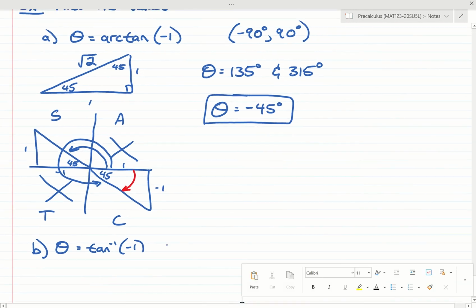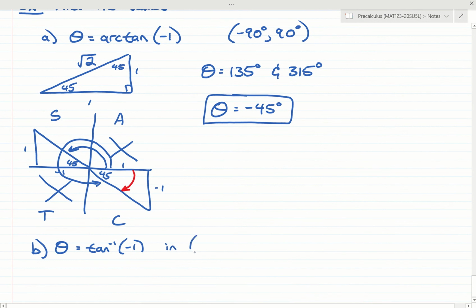Typically when we're in inverse, we are talking about theta between 0 degrees and 360. This will be stated in our problems. But if that's the case, we're not as restrictive as with arc, and you could tell me the answer here is 135 and 315.